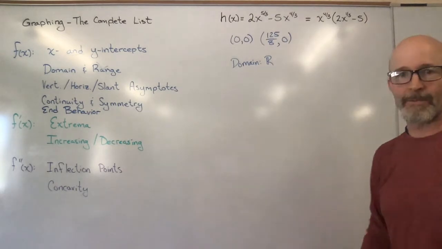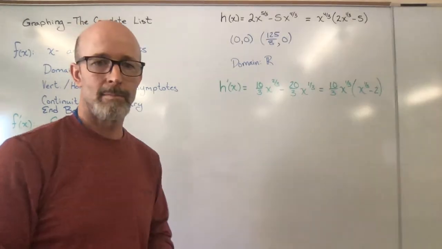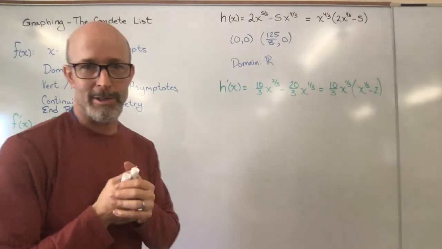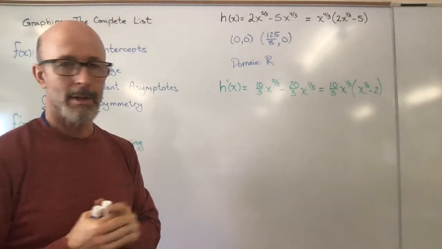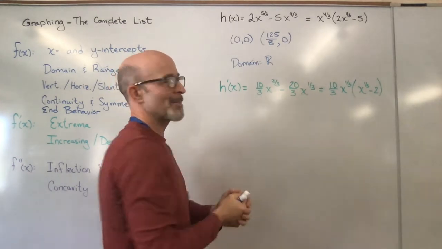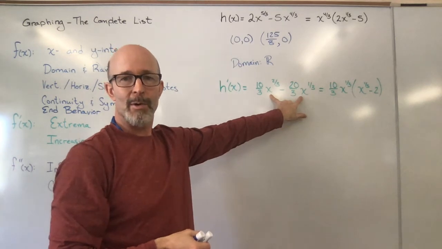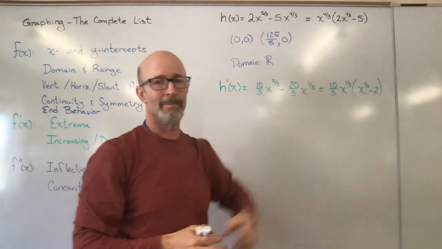Let's take the first derivative now to get a bigger picture of this problem. Notice that once again, after we find that function or its derivative, we're going to factor it. We want to find the critical values. When I factor this, it's easy to find a common number. When you go for the common variable, look for the smaller of the two powers, the least power that can be taken out of every single term.